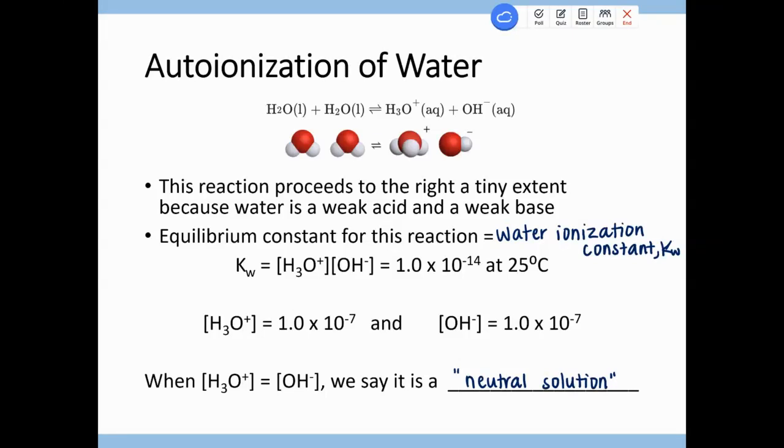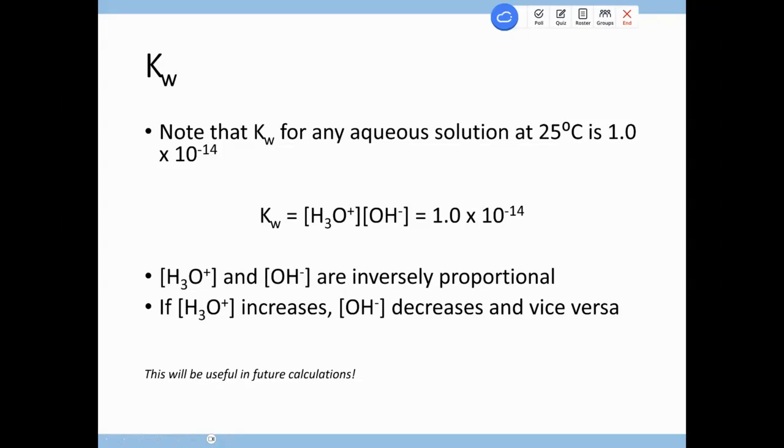Now, because this value will always be equal to H3O plus concentration times OH minus concentration, those two concentrations are inversely proportional. If you increase H3O plus concentration, then OH minus concentration has to decrease. Or if you increase OH minus concentration, H3O plus concentration has to decrease, because the product of the two always equals 1 times 10 to the negative 14 at 25 degrees Celsius.